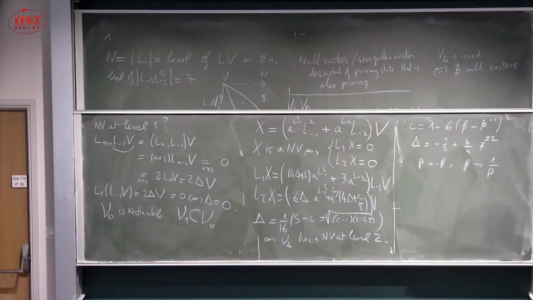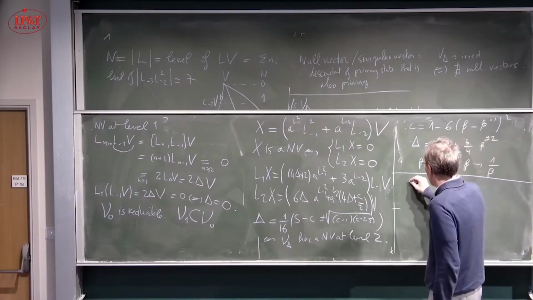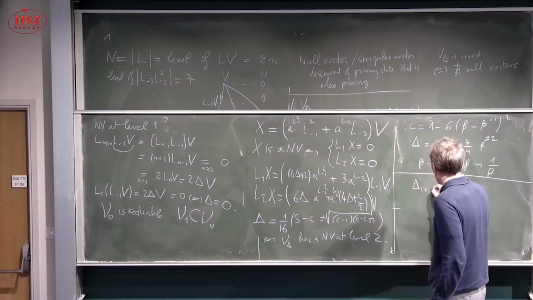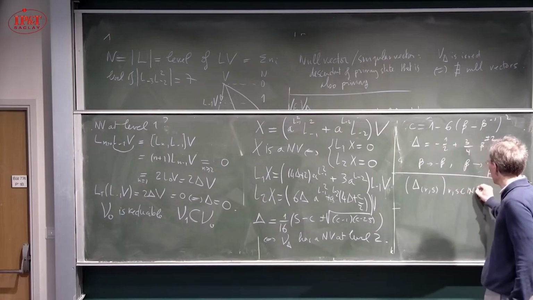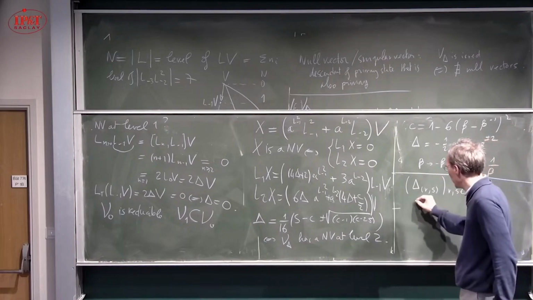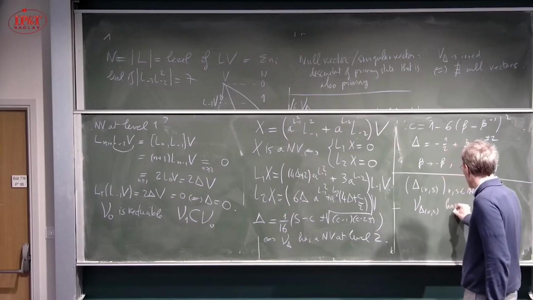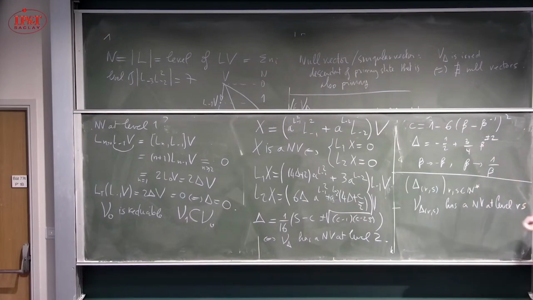Okay. So then, what about the null vectors at all levels? Well, now there's a statement which I won't prove right now, which is that there is a family of dimensions called delta_{r,s} for r and s positive integers, such that the Verma module V_{delta_{r,s}} has a null vector at level r times s.